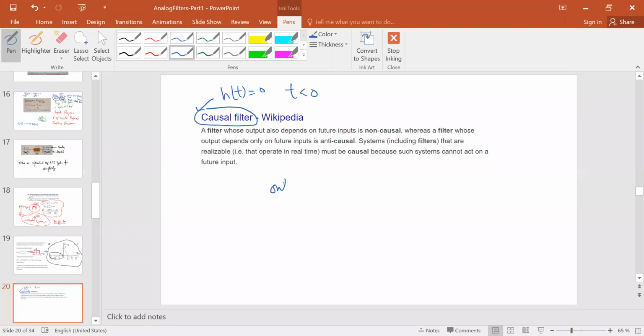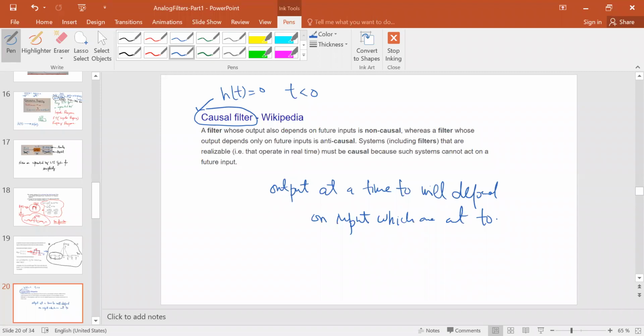So the output at a time, let's say t naught, will depend on inputs which are at t naught plus 2t naught, let's say. So this is a future input. Our output depends on the future inputs.